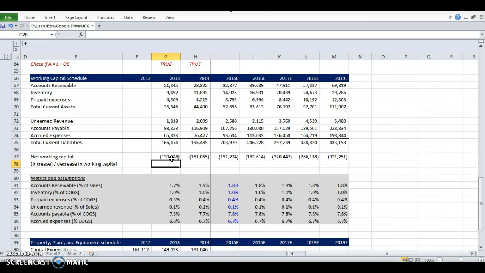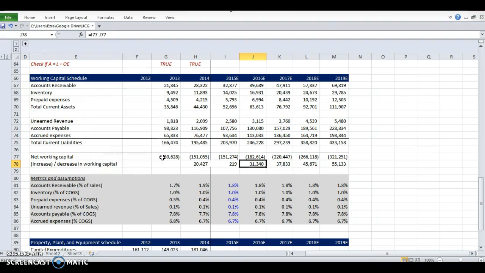So this is good. Now, from a cash flow perspective, we want to find out the increase or decrease in working capital. So it's actually decreased over time here. So a positive will be a decrease. And just remember that we're using a positive or a negative in our convention here.